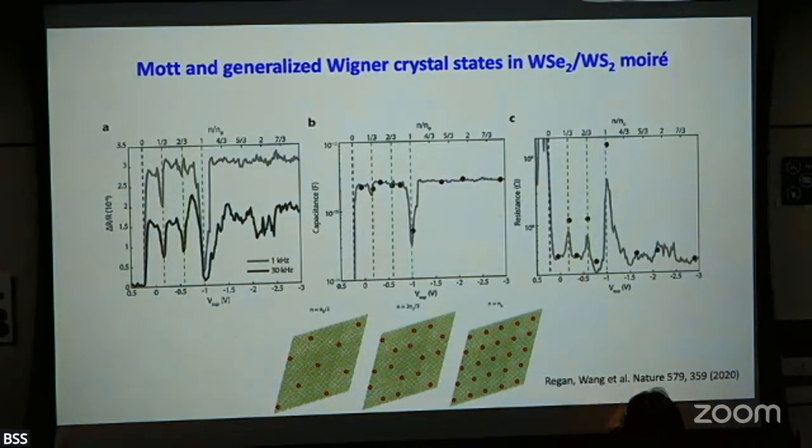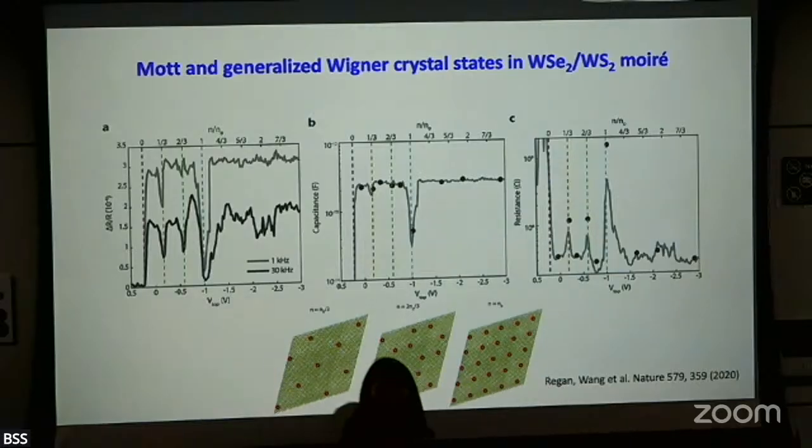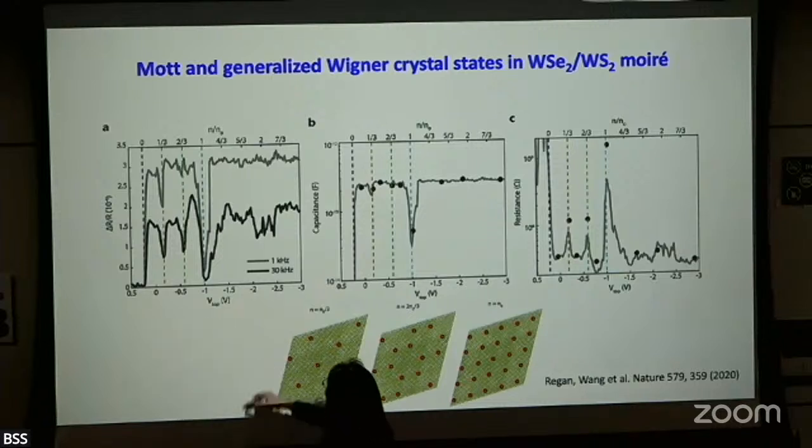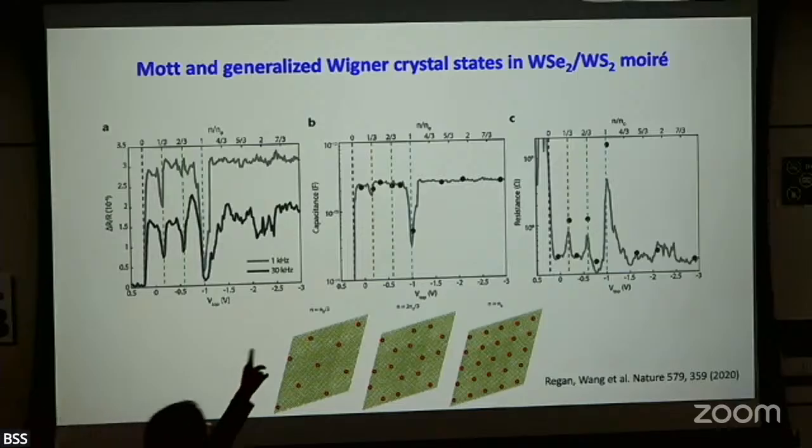So this is from that paper, and you see delta R over R, that change in the refractance, right? So refraction contrast as a function of DC voltage. What this DC voltage does is change the density in your sample. And the sample they studied is this moiré made by stacking two different semiconductors.